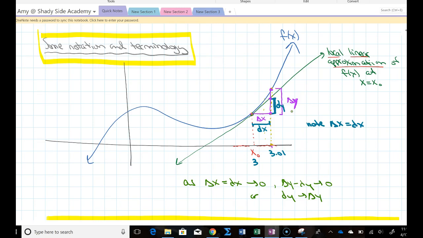If the point of tangency is x naught equals -2, and I want to approximate the function using the tangent line at a very close value to -2, -1.9, one could argue is close, right? They'll have you use the local linear approximation, but then they're going to ask you to depict graphically what you just did. Label f of x, label the local linear approximation, label dx, dy, delta y, delta x, and so forth. Okay?